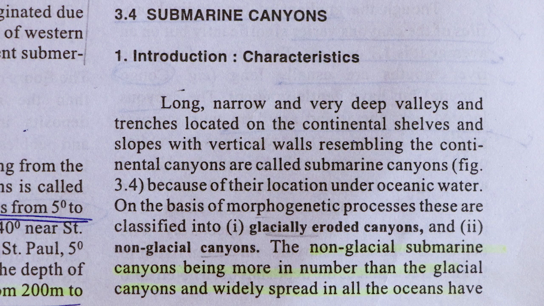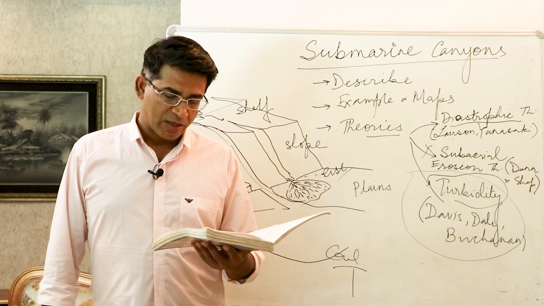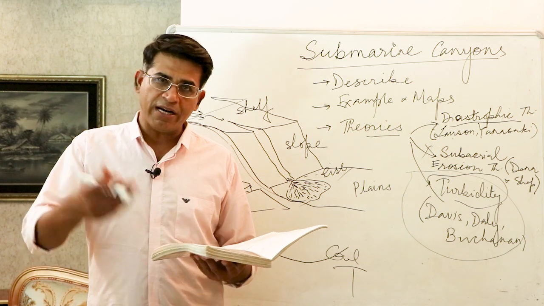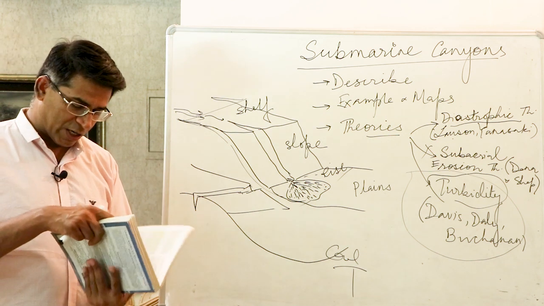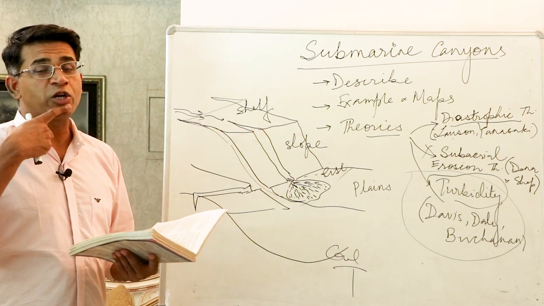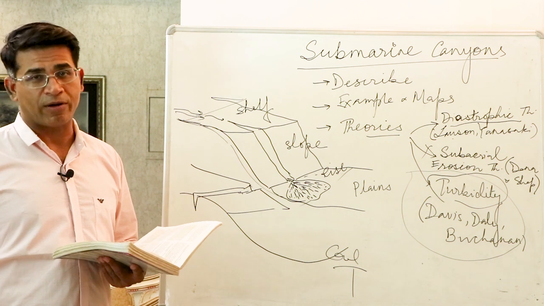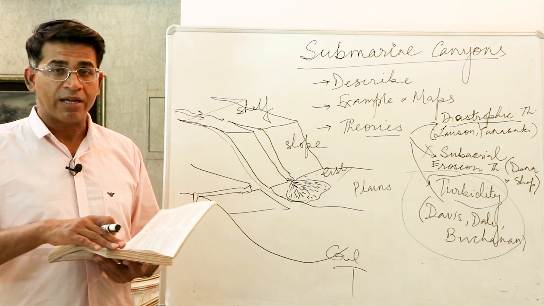It says, they are long, narrow, very deep valleys like trenches, and trenches is not the right expression, located on the shelves and slopes with vertical walls, resembling continental canyons, and are called submarine canyons. So they may be glacially eroded, the deposits brought by the glaciers, or they may be non-glacial. But remember, the glacier itself doesn't erode. Why? Because it can't erode below the sea level.